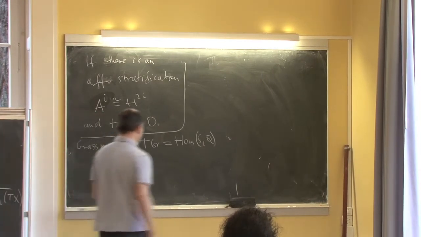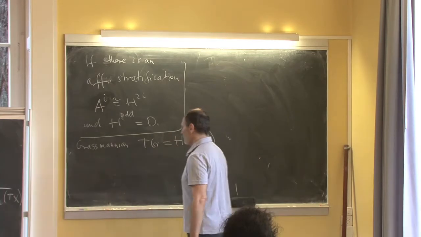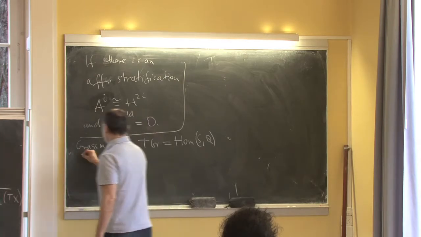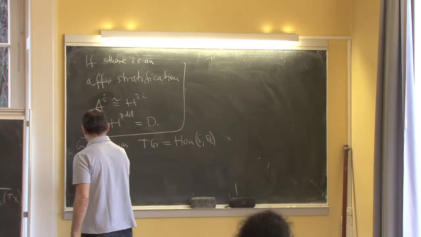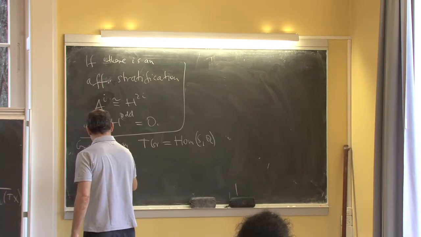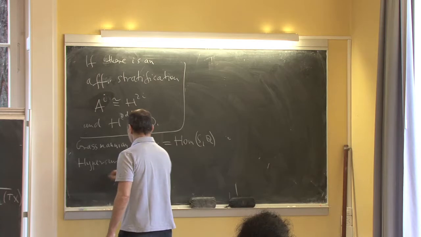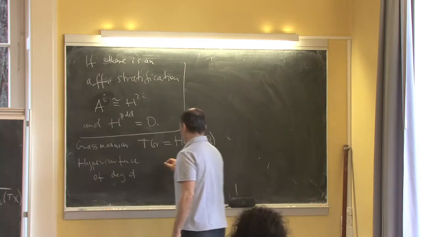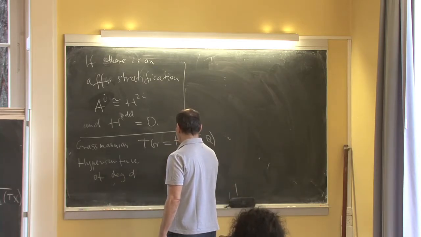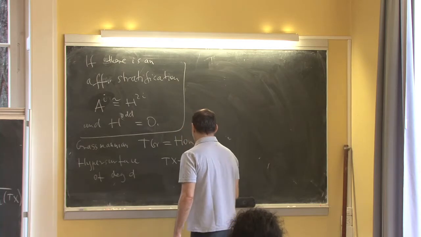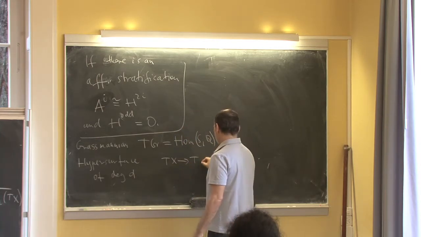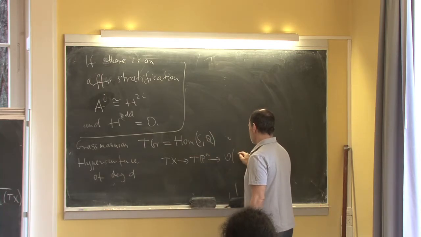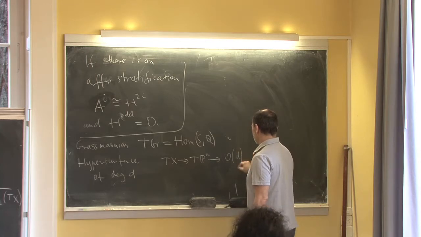And then for hypersurfaces or complete intersections, you can use the normal bundle. For example, for a hypersurface of degree d, that's X, then you have a sequence over that, T_X, then T_{P^n} restricted, and here you have the normal bundle, but the normal bundle is precisely going to be O(d) or something like that.